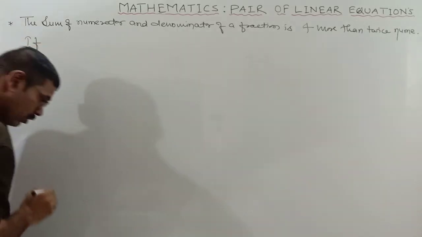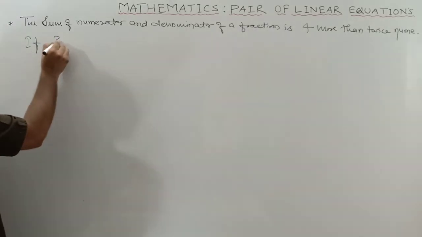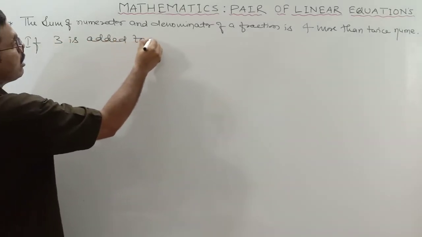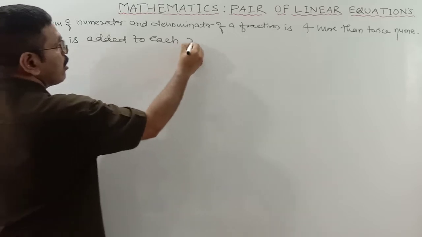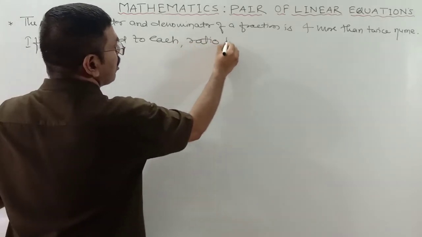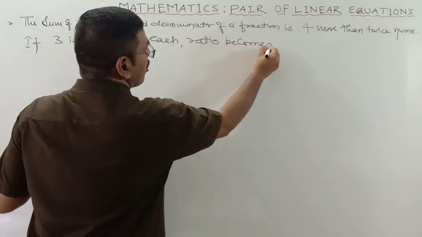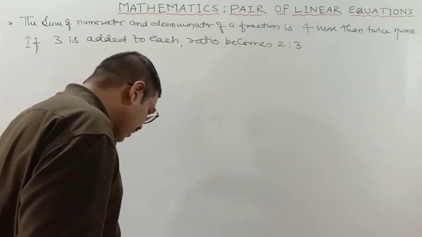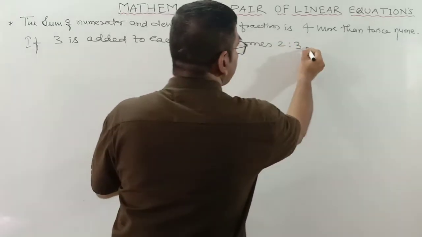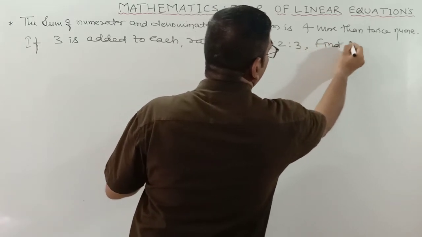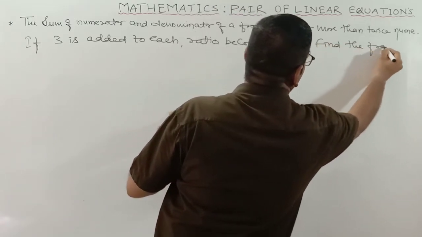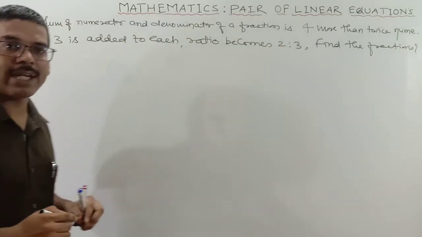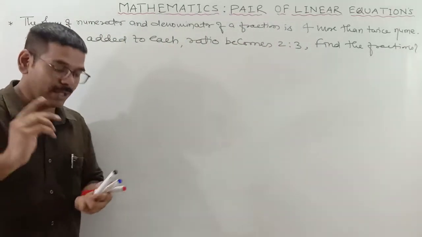Okay, now if 3 is added to each, their ratio becomes 2:3. Find the fraction. Okay, so that is again one of the simplest questions.